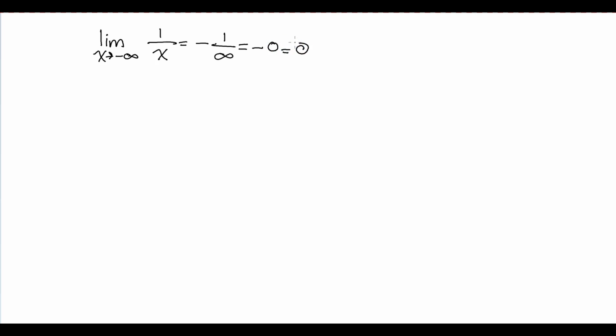So even if a limit approaches negative infinity, they'll more or less be the same as a limit as x approaches positive infinity. The reason why I say more or less is because there are times where the limits as x approaches infinity and negative infinity are not the same.